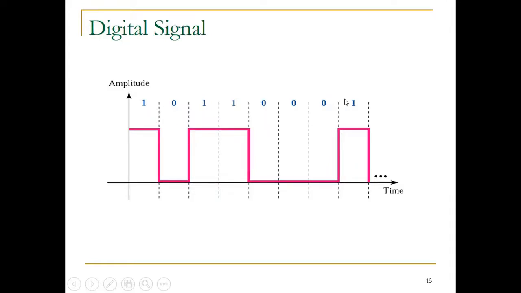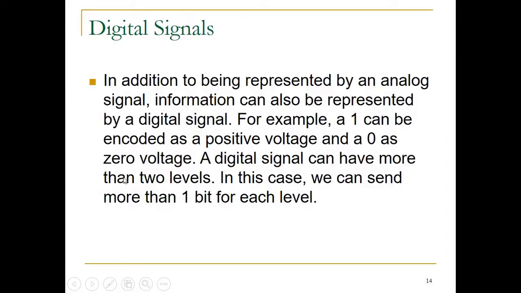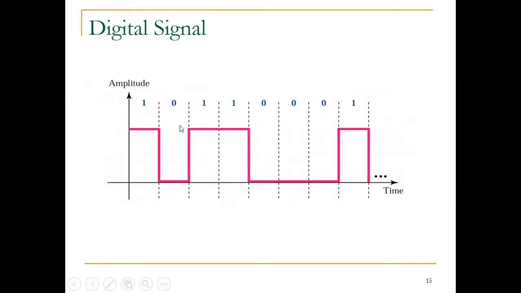If you look at it, you notice that the more bits we have, the more levels we get. You have a high level, a low level, a high level, a low level, and a high level. So the more the bits, the more the levels you're going to be expecting within a digital signal.